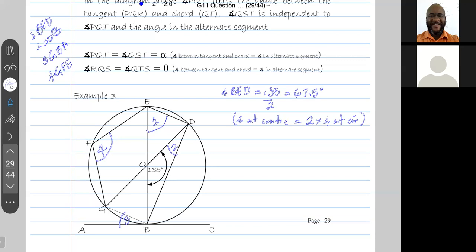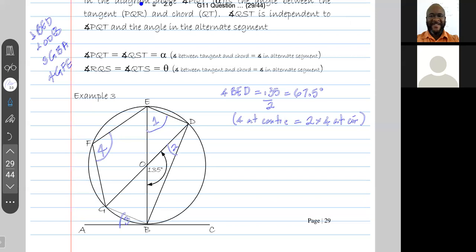The one that goes to the circumference is called the angle at the circumference. The one that goes to the center is called the angle at the center. And the angle at the center, which is 135 degrees, is 2 times the angle at the circumference. So the angle at the circumference, angle BED, which is identified as angle 1, is equal to 67.5 degrees.